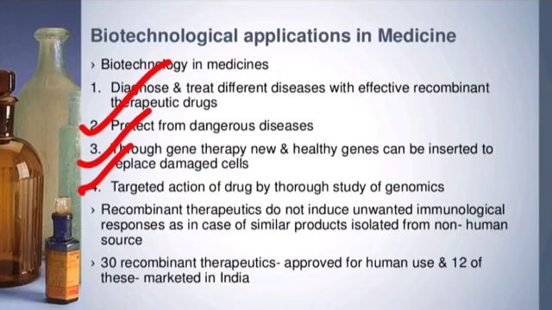Targeted action of drugs comes through the study of genomics, and recombinant therapeutics do not induce unwanted immunological responses as in the case of similar products isolated from non-human sources. Thirty recombinant therapeutics are approved for human use, and 12 of these are marketed in India.